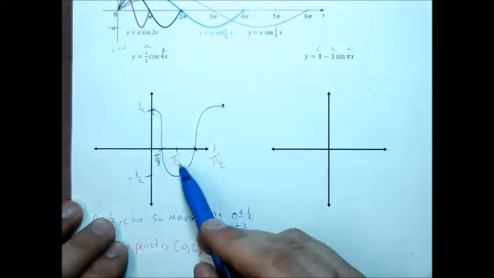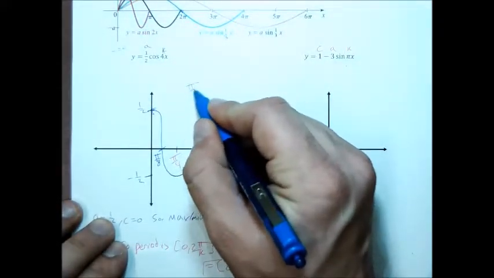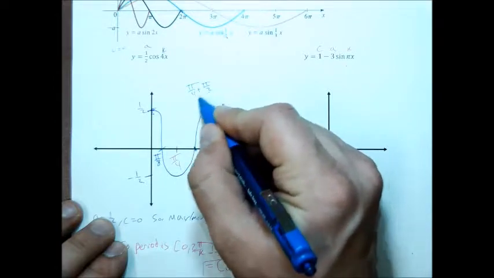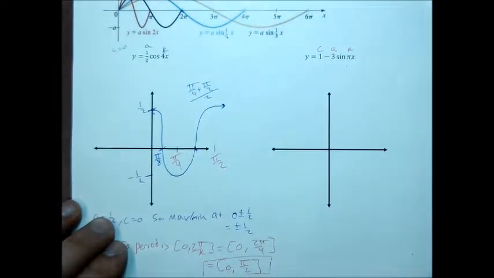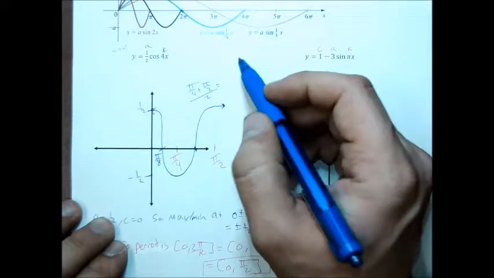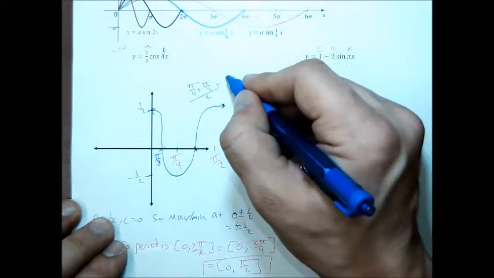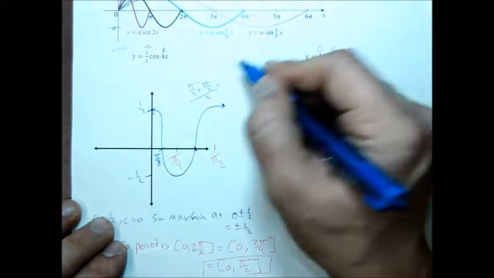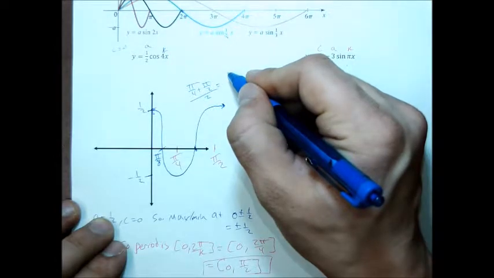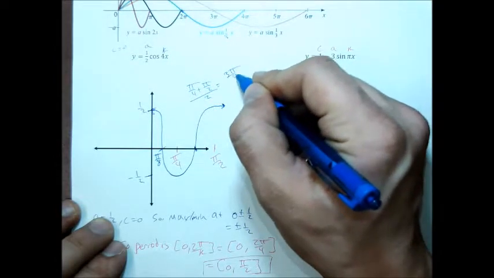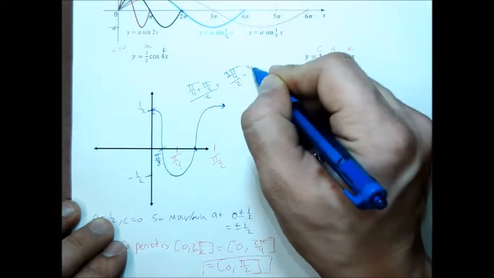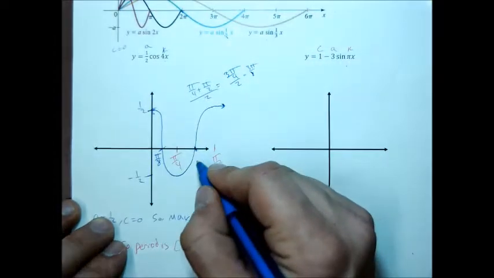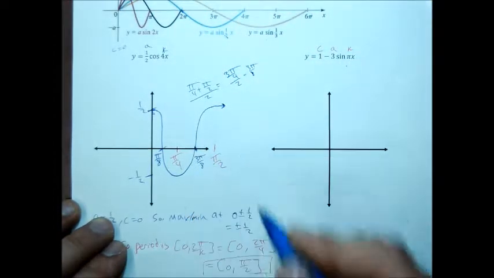And then if we want to know what's halfway between pi over 4 and pi over 2, we add those two fractions together and get 3 pi over 4, over 2. And so that's 3 pi over 8 right there.